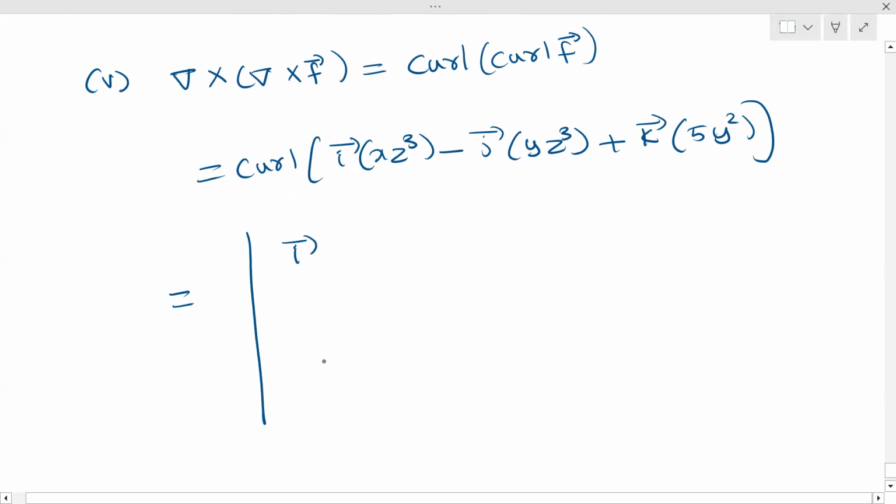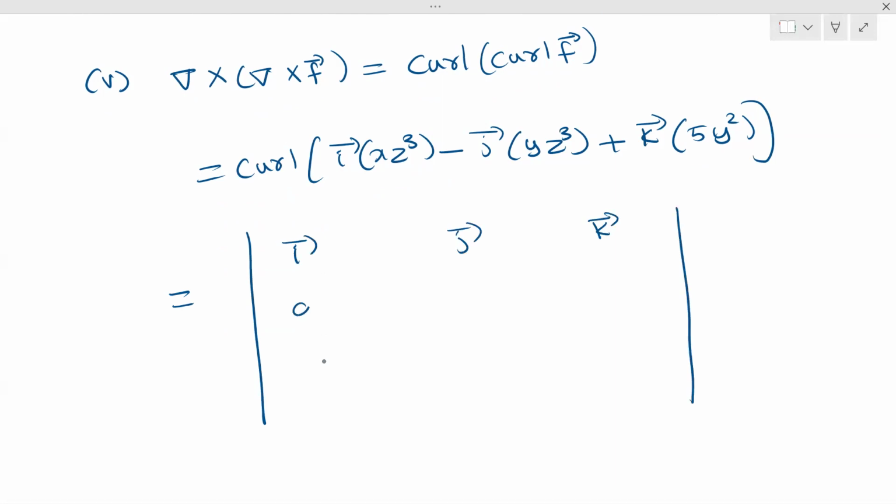The first row is i j k, the second row is the derivatives dou by dou x, dou by dou y and dou by dou z. And the third row is the i component, that is xz cube, the j component, minus sign is there, minus yz cube, and the k component, that is 5y square.